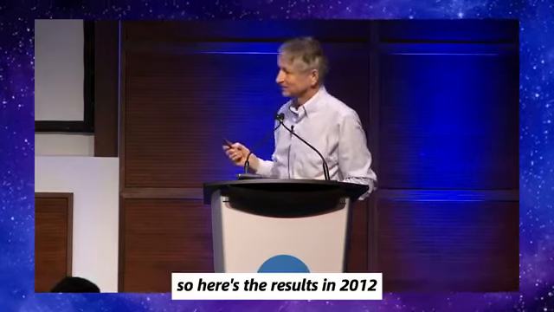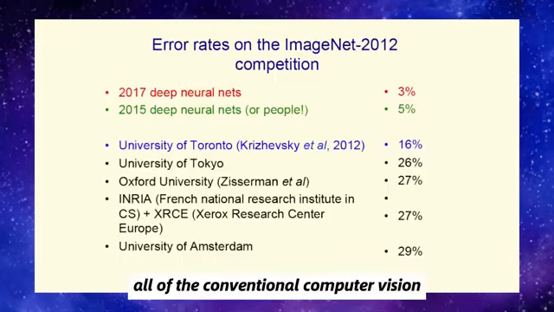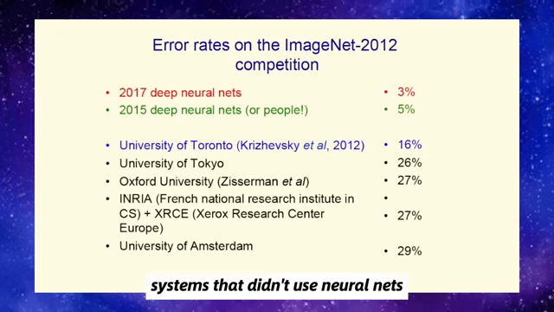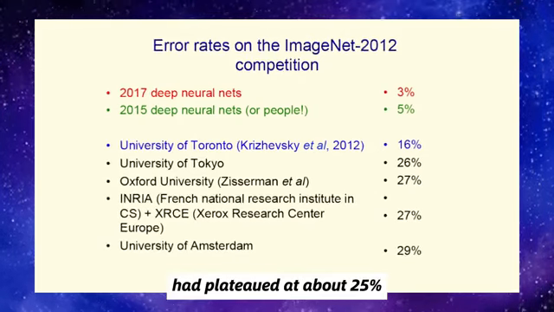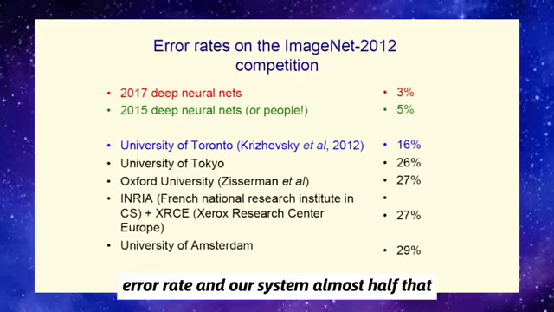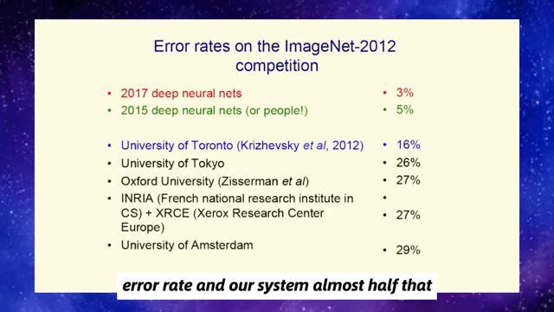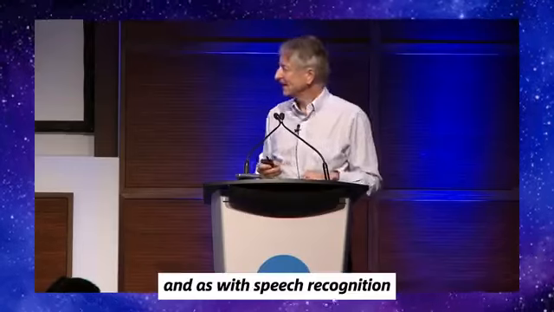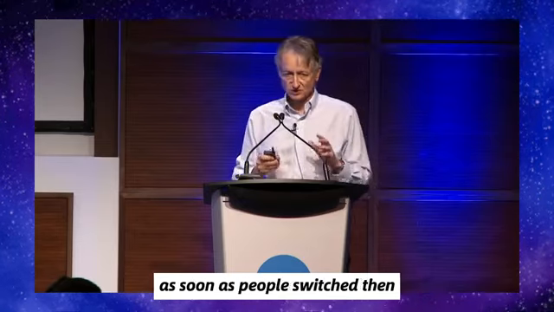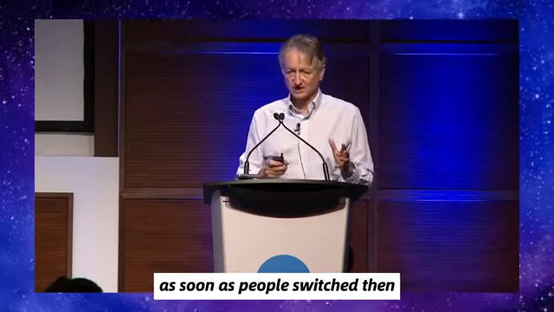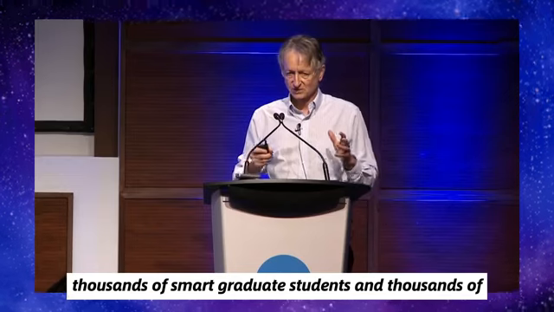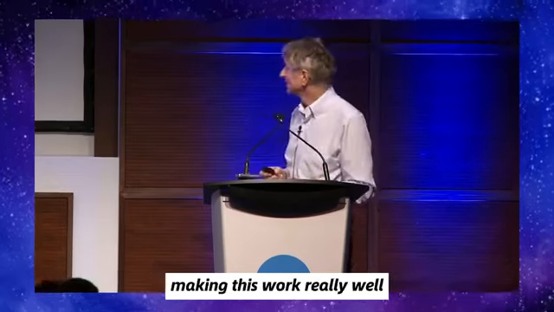So here's the results. In 2012, all of the conventional computer vision systems that didn't use neural nets had plateaued at about 25% error rate. And our system almost halved that. And as with speech recognition, as soon as people switched, then you got thousands of smart graduate students and thousands of experienced developers and so on, making this work really well.